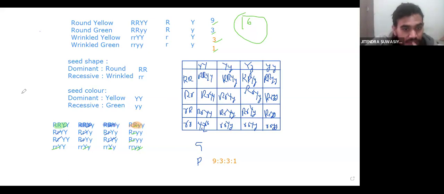Okay, again, one, capital, then again two. Okay, two we have found. Then one, two, three, four. Okay, then like this, how many have we found?